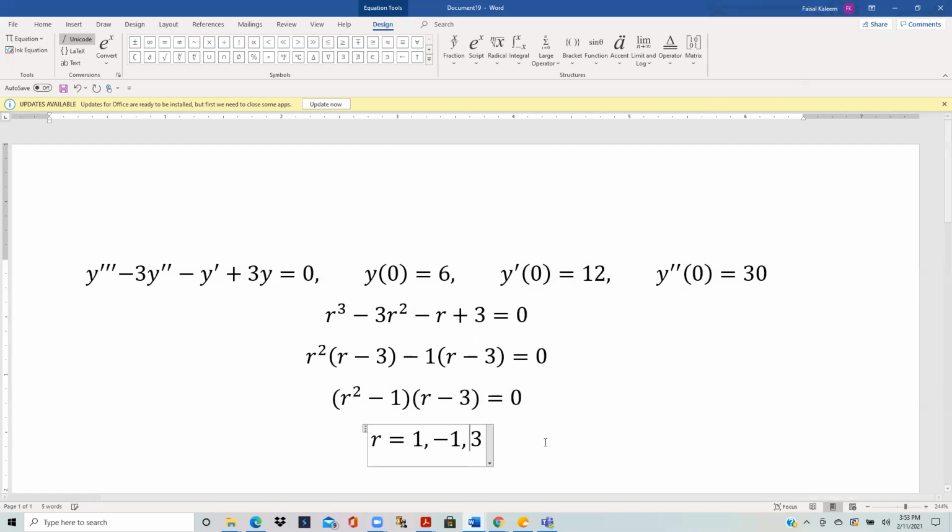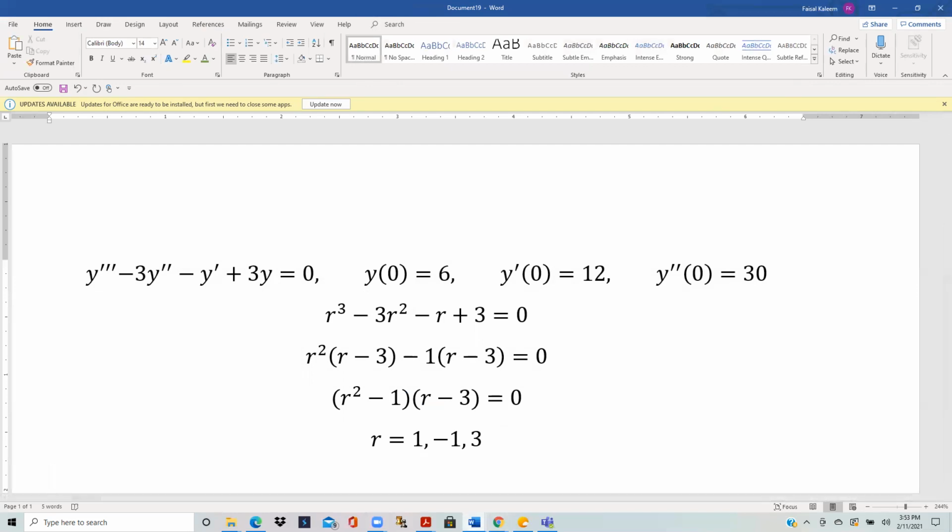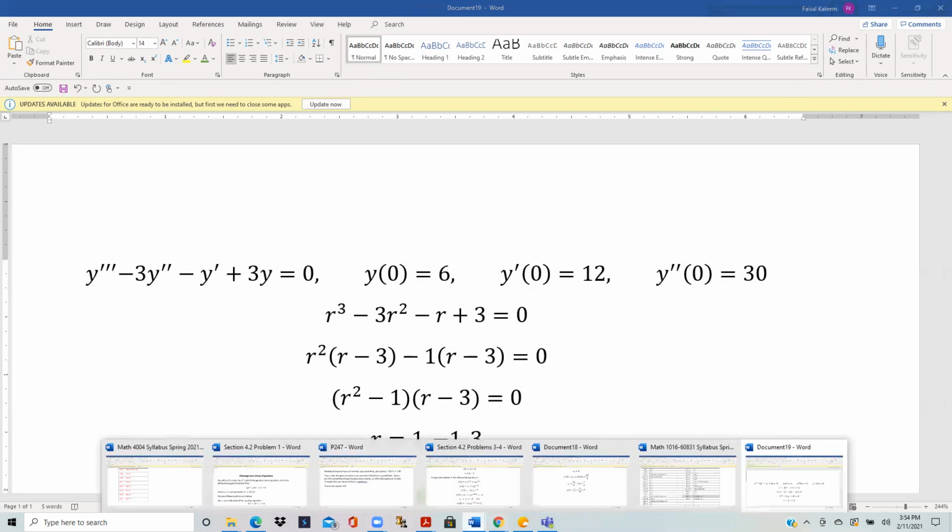And if the three solutions are distinct, we will just do this case, a cubic equation where the three solutions are distinct. So then it has a very similar form to the two distinct roots. Let's go back to that.